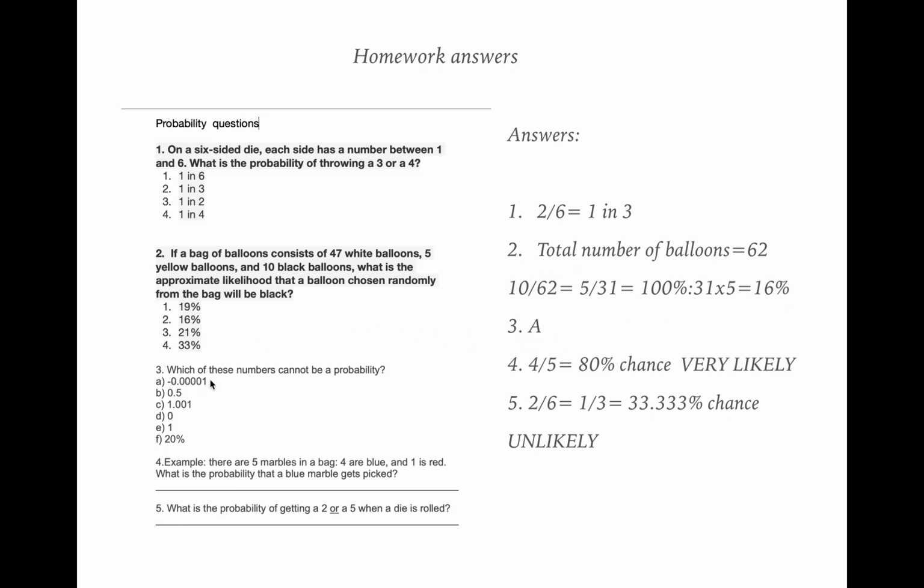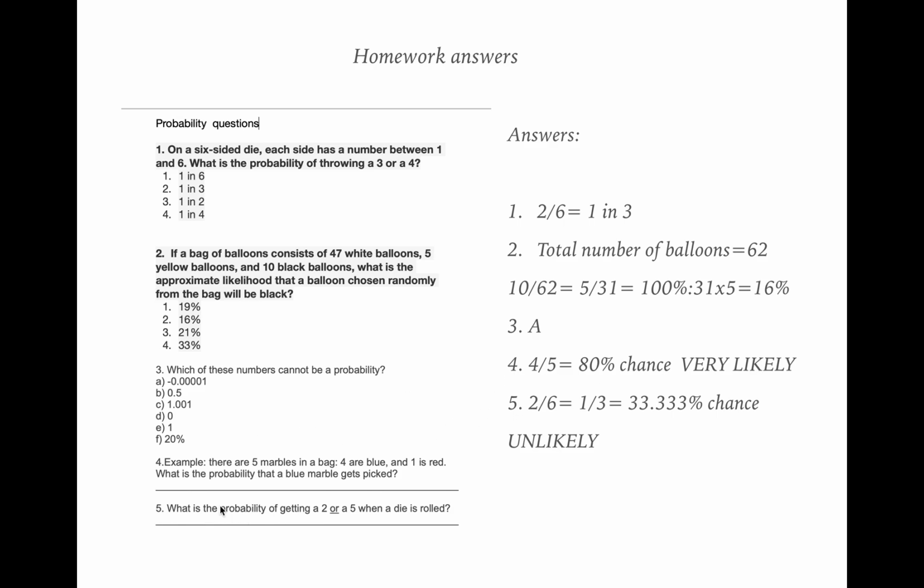Now, question 3. Which of these numbers cannot be a probability? So the answer is A, because the minus cannot be a probability. Question 4. There are 5 marbles in the bag, 4 are blue and 1 is red. What is the probability that the blue marble gets picked? Now, it's 4 over 5 or 80% chance, so very likely that we will pick a blue marble.